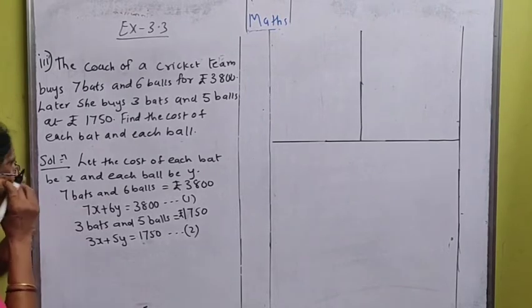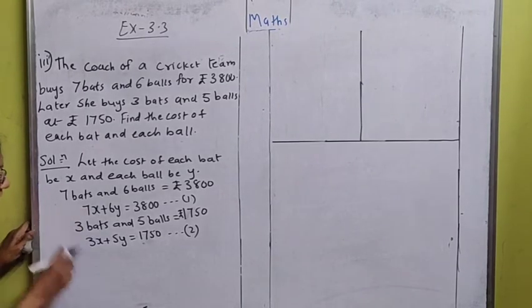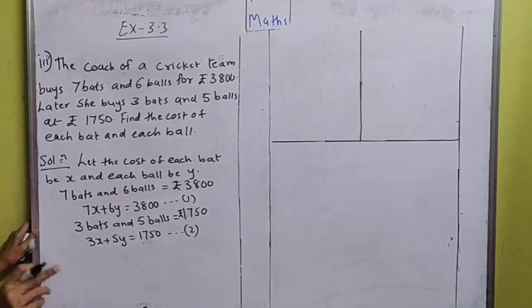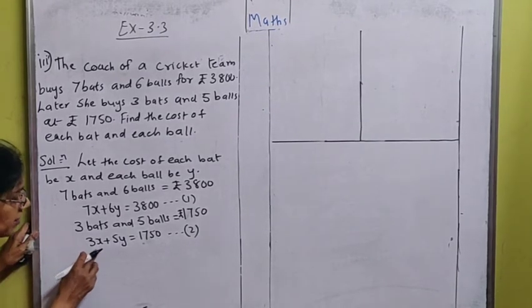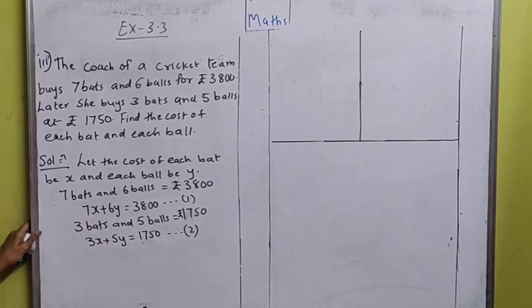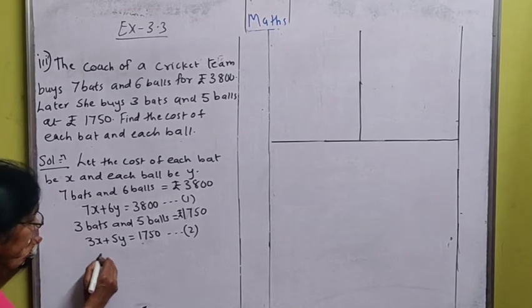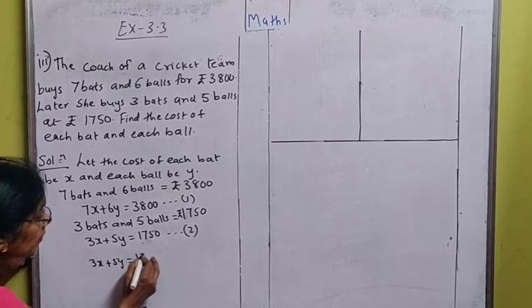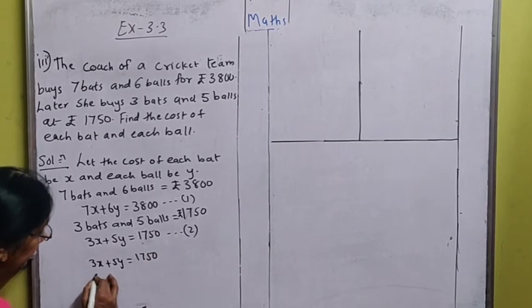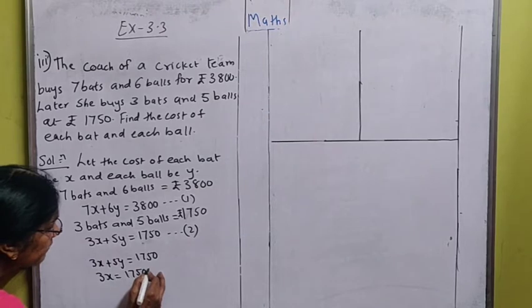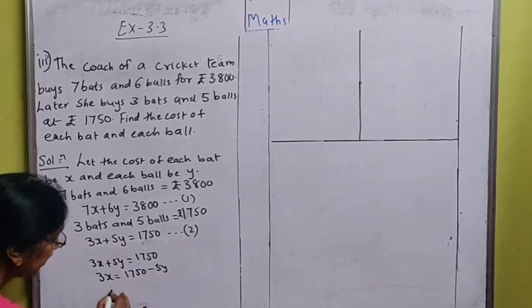Now there is a coefficient for x. See in which equation the coefficient of x is small. In this equation it is small, so I will take this equation to find out the value of x. So what shall I write again? 3x plus 5y is equal to 1750. 3x is equal to 1750 minus 5y.